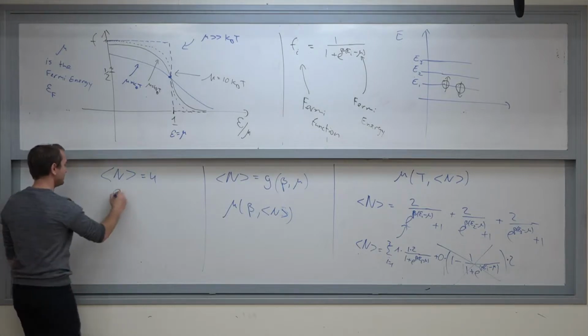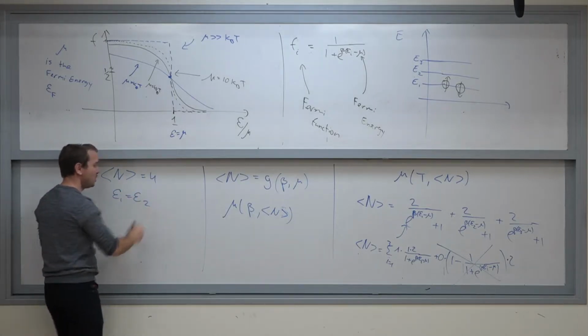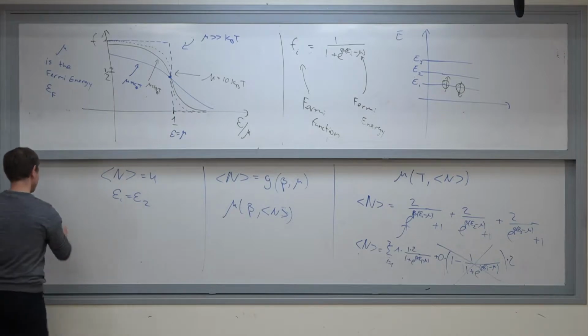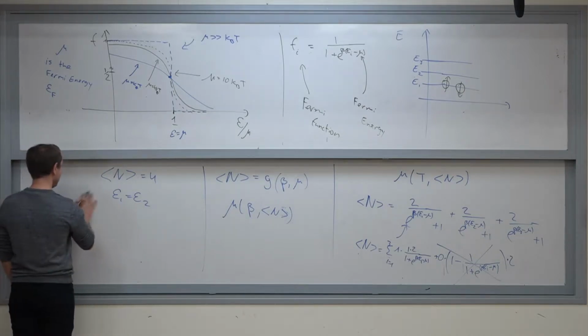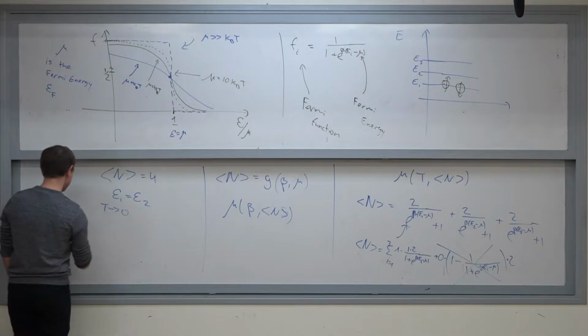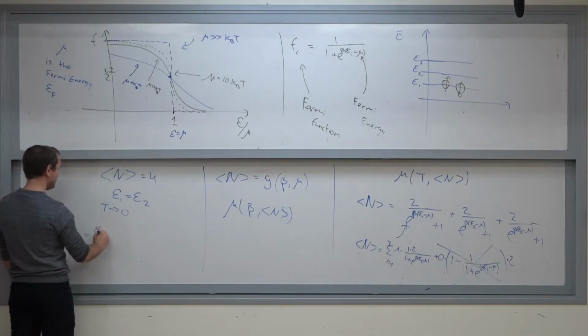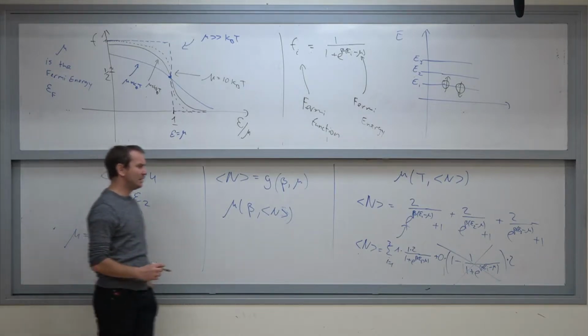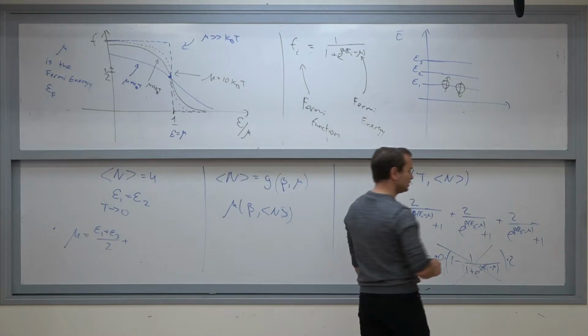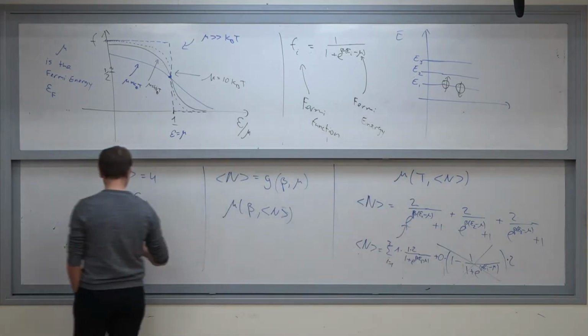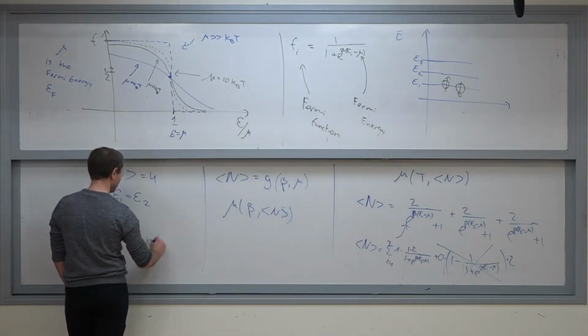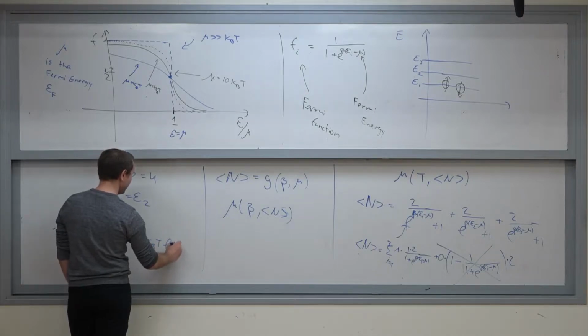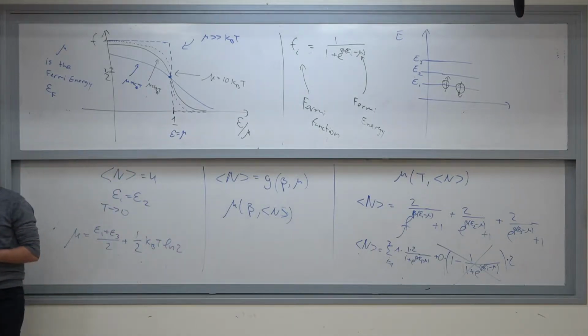With epsilon 1 equals epsilon 2, what we have shown is that mu, in the limit of T goes to 0, was exactly epsilon 1 plus epsilon 3 divided by 2, plus 1/2 k Boltzmann T log of 2. This is what we have seen already. I'm just reminding you of the whole procedure.